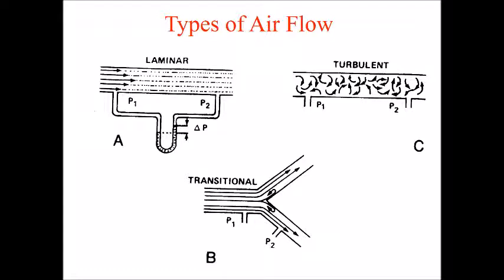So all the molecules will strike in between as well as with the walls of the tube, while in transitional flow there is a mixture of laminar flow and turbulent flow. Mostly it is laminar, but at bifurcations, at joints, at turns, at obstruction, it will convert into turbulent flow.